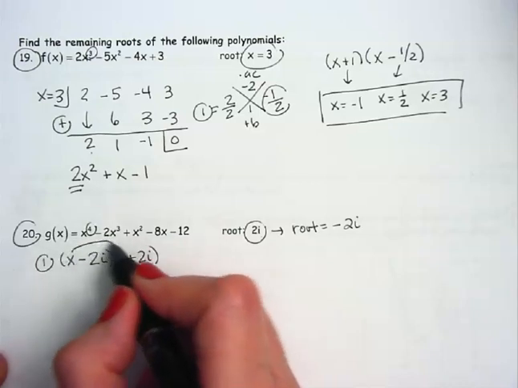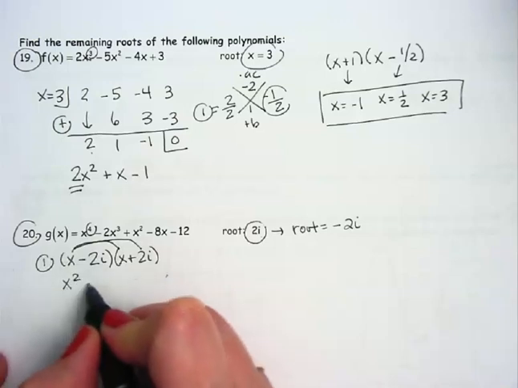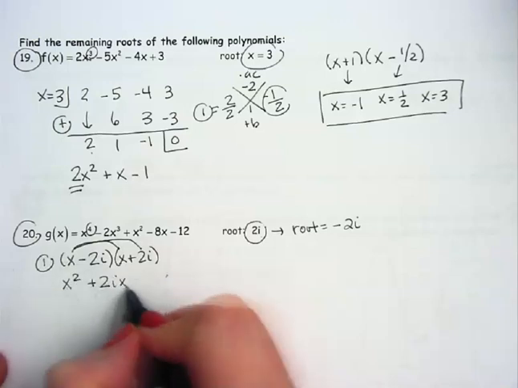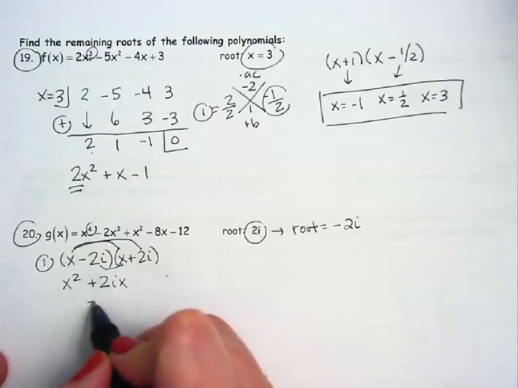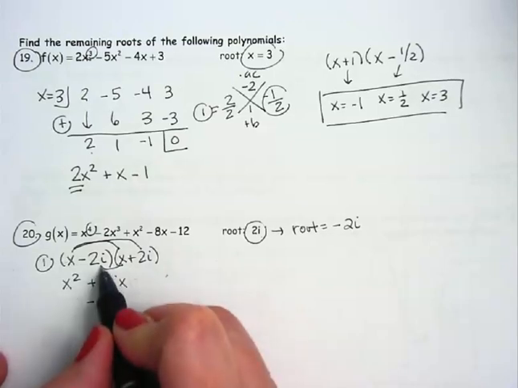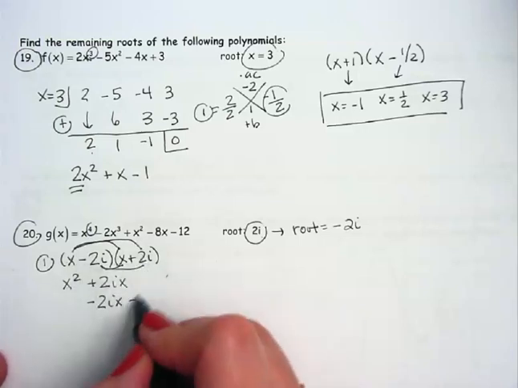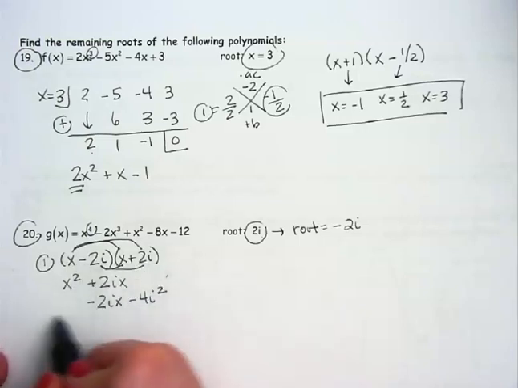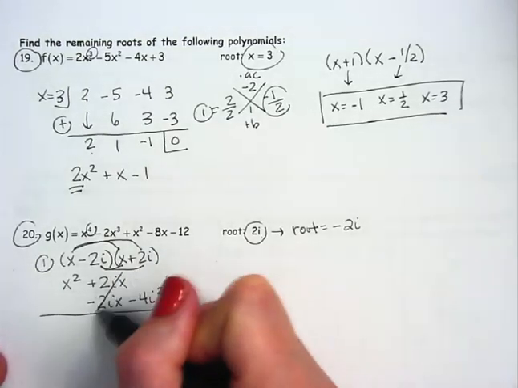So distribute this x here and here, gives me x squared plus 2ix. And then I'm going to take the -2i and distribute it here. So -2ix, and then times the positive 2i gives me -4i squared. So the 2ix's cancel.